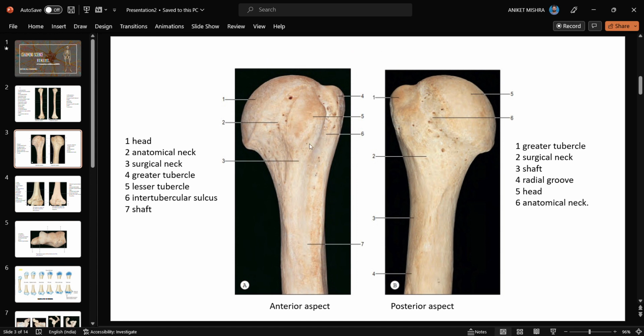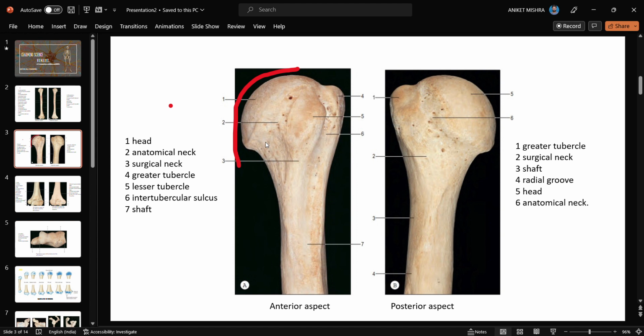When we talk about the upper head, we will see that it is a smooth, rounded structure. It is smooth, rounded, and forms one third of a sphere. It is covered by articular hyaline cartilage, thicker in the center and thinner at the periphery.